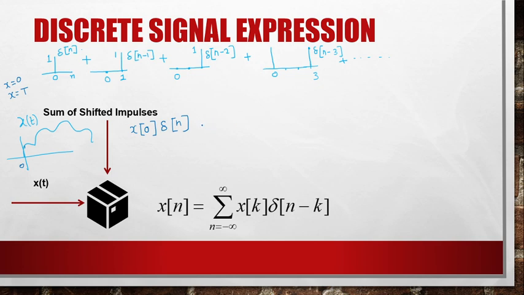So what is the signal coming? I am not writing the t, only the sequence. So x1 is coming, and this signal delta n minus 1 is multiplied with that particular value. So this is also coming.